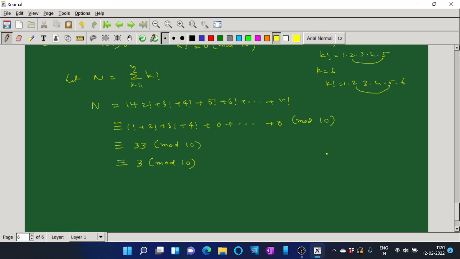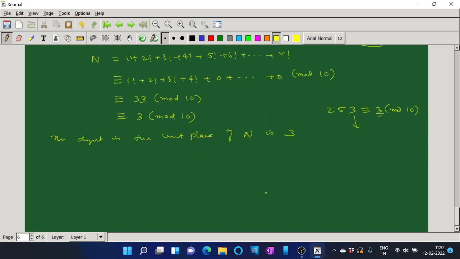Because we have a number like 253, when it is divided by 10, it leaves the remainder 3. And if it leaves the remainder 3, 3 will be in the unit place. So here, when we compute n, the digit in the unit place of n is 3.